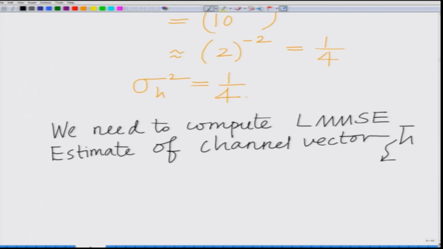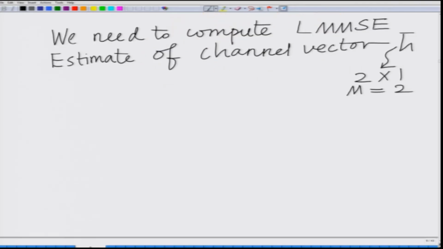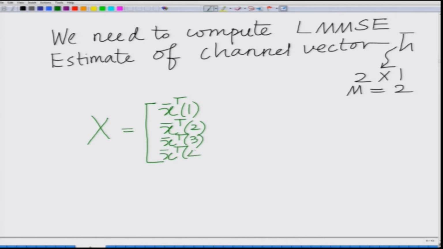By the way, this is an m cross 1 channel vector, which means it is 2 cross 1, since m is equal to 2. Alright, we have 2 antennas at the base station. Now, for this, first let us form the pilot matrix X, which is equal to x bar transpose of 1, x bar transpose of 2, x bar transpose of 3, x bar transpose of 4, where x bar 1, x bar 2, x bar 3, x bar 4 are the 4 pilot vectors.